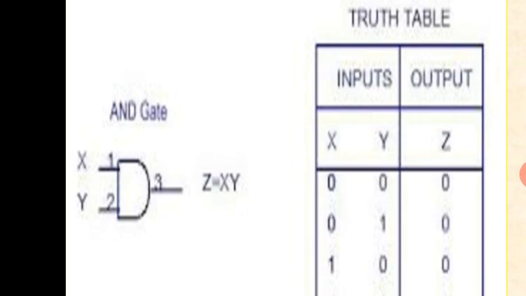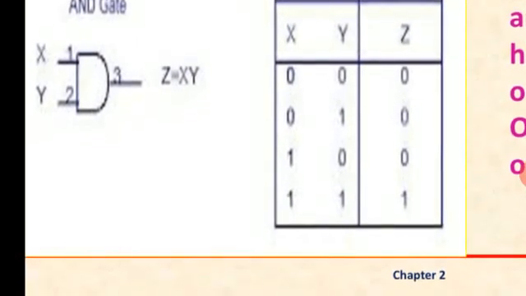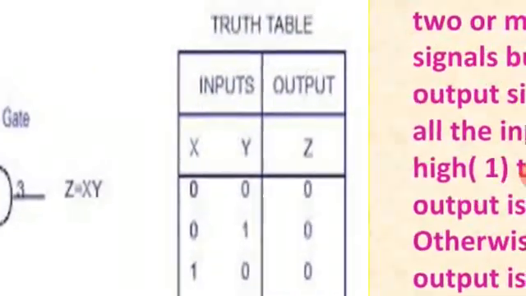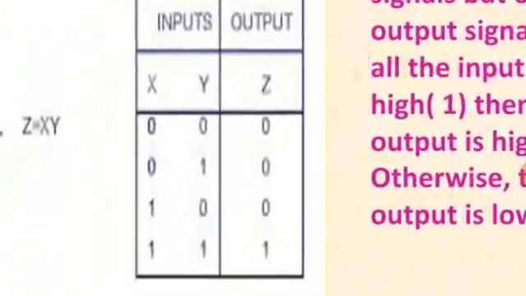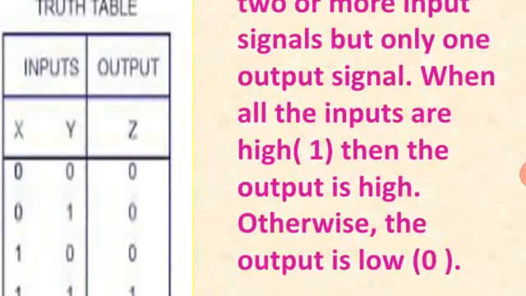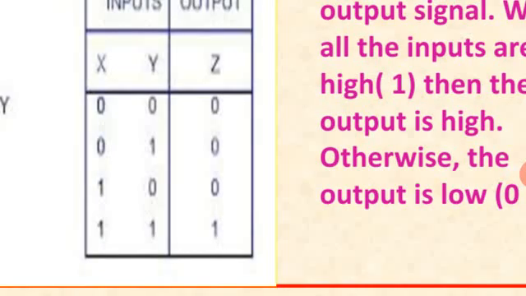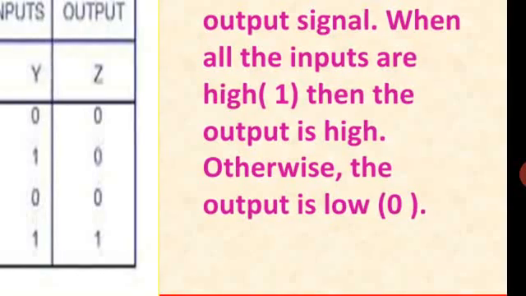When all the inputs are high, then only the output will be high. Otherwise, the output will be low. This we have shown it here.